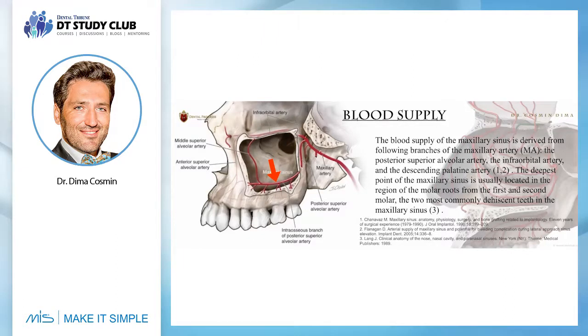And of course, this could lead to some complications, and I will tell you later how we can manage these complications. But of course, we can prevent this because having sections on the CBCT, we can see the artery in the lateral wall. So sometimes we can avoid cutting it.